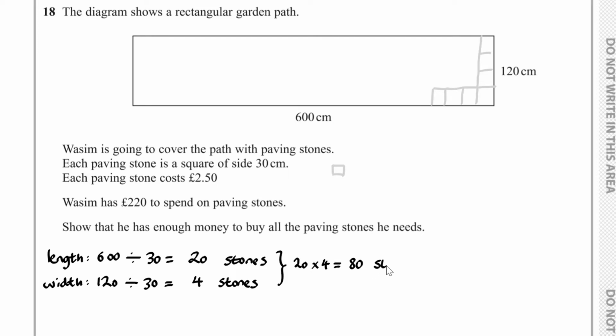So if one stone costs £2.50, for 80 stones we have 80 multiplied by £2.50, which turns out to be £200. And this is less than the £220, and therefore we can conclude that he has enough money.